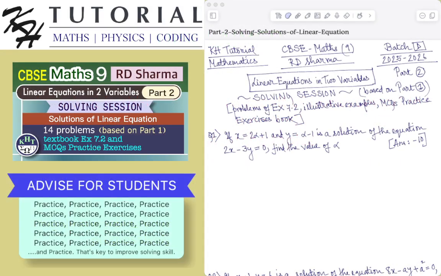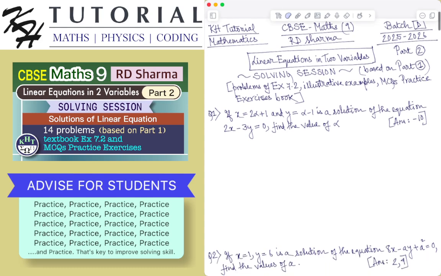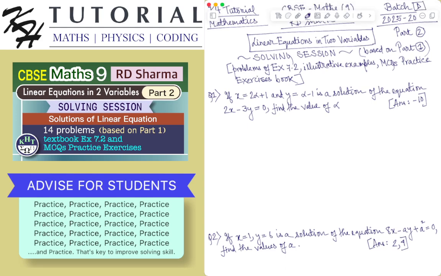Okay. So the first problem says that if x equals 2 alpha plus 1 and y equals alpha minus 1 is a solution of the equation 2x minus 3y equals 0, find the value of alpha. We know that when we are given a solution, the root of a linear equation, the values of x and y of the root will satisfy the equation.